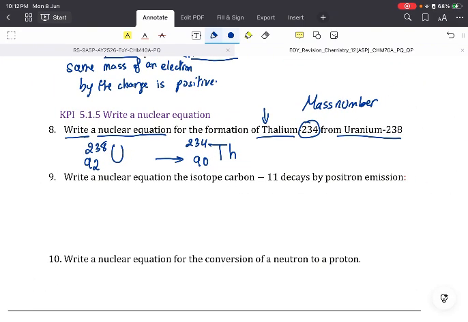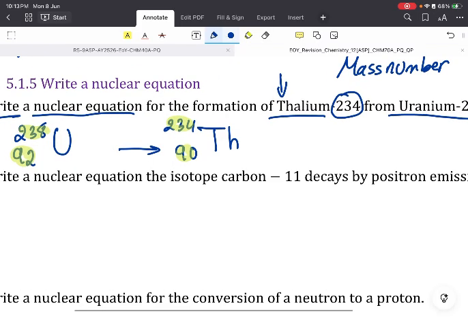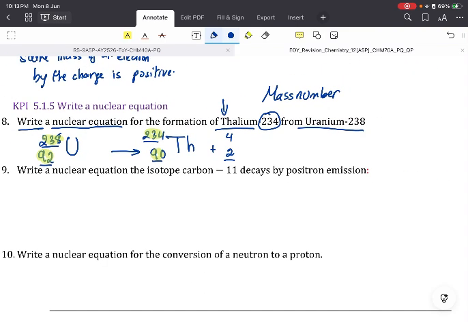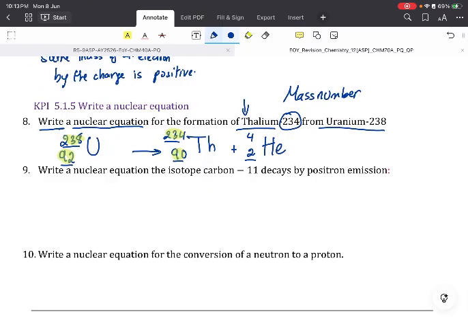Now in order to balance these equations, the mass number, they should be equal, and the atomic number, they should be equal. Now since I have here 92, I'm missing here 2. So 90 plus 2 gives 92. And this is 238. Here I have 234, so I'm missing 4 as a mass number. Therefore, the particle emitted is an alpha particle, a helium atom.